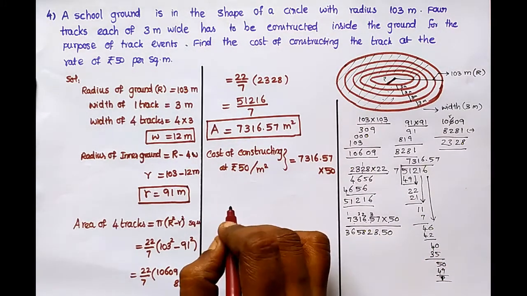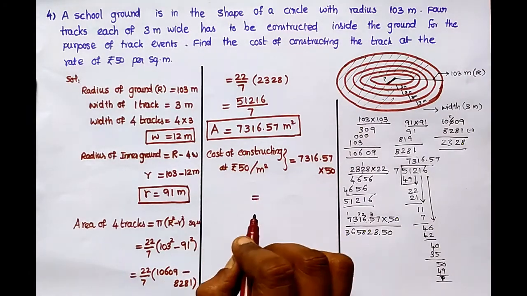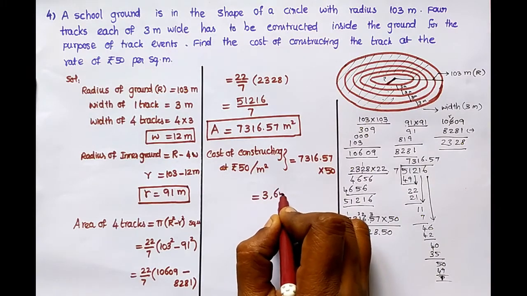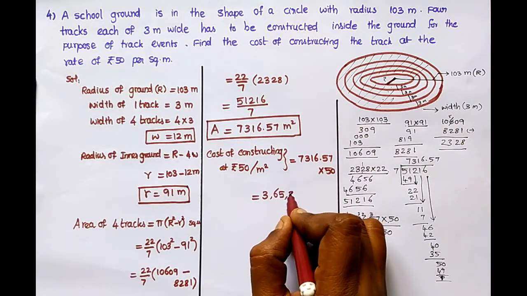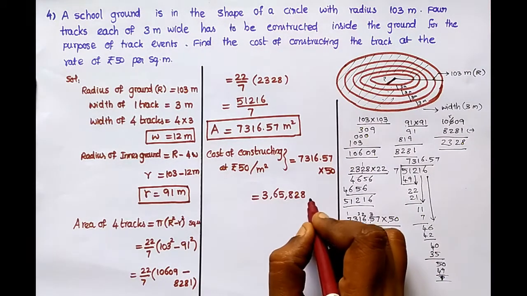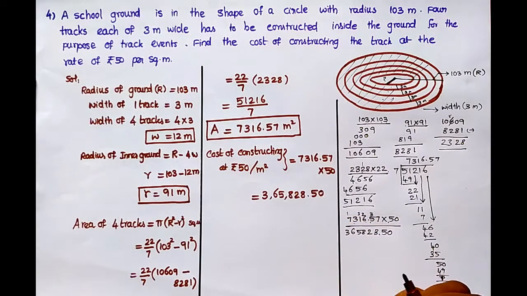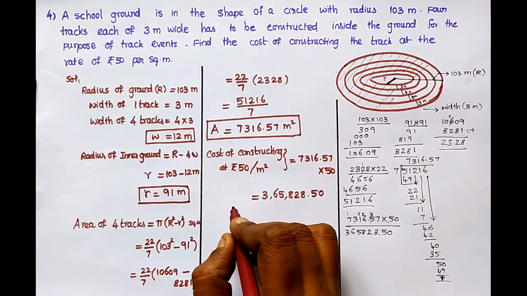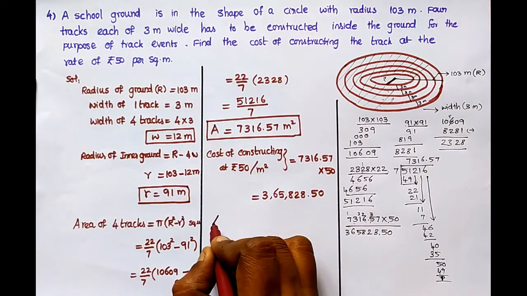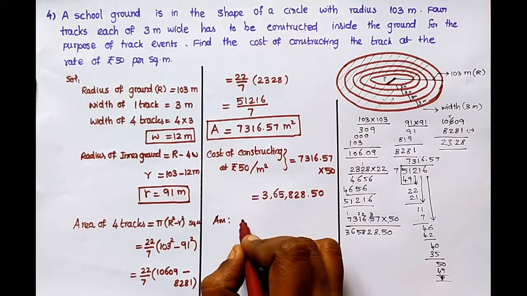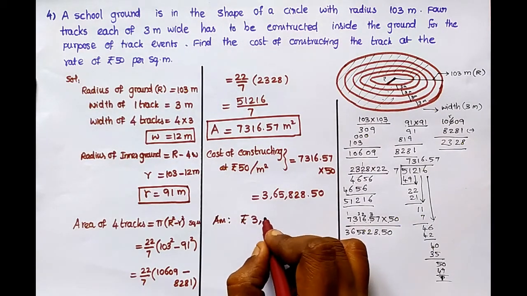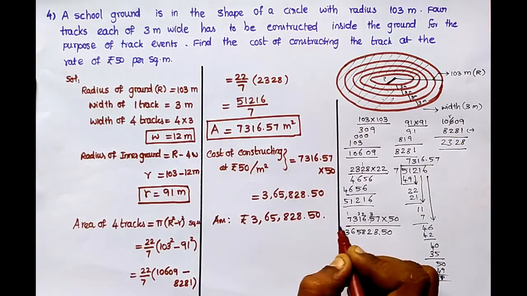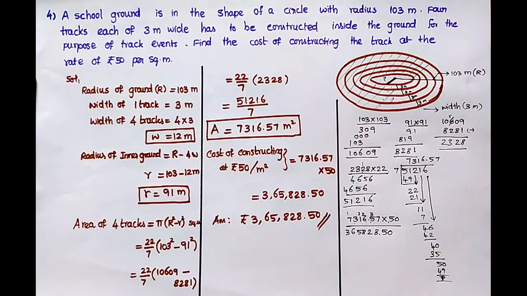So how much? Three lakhs 65,828.50. That is the answer. Cost of constructing is rupees 3,65,828.50.